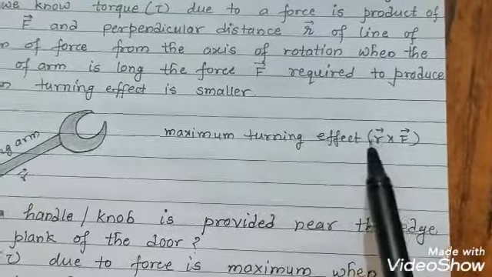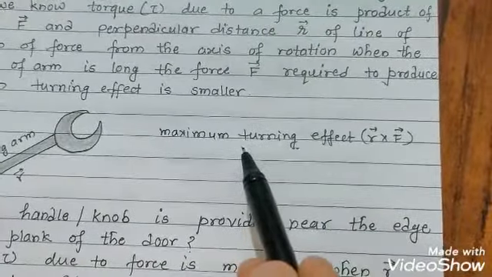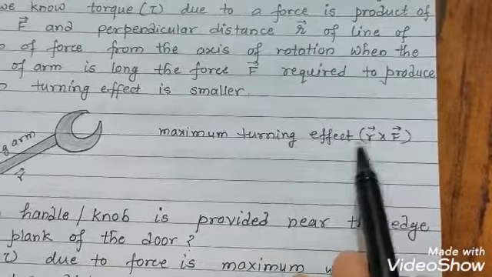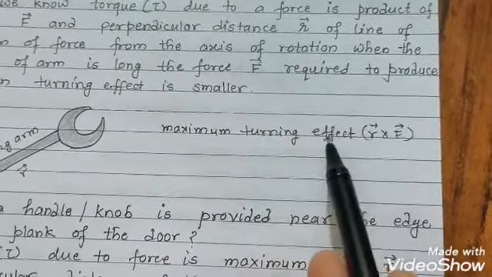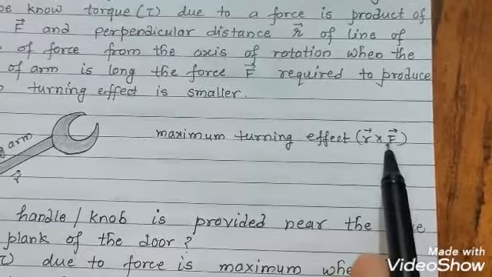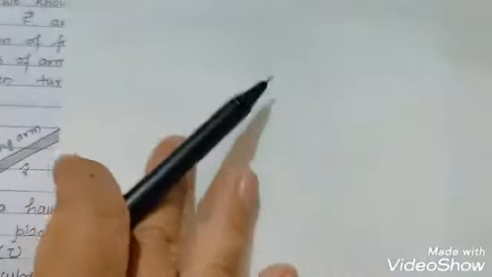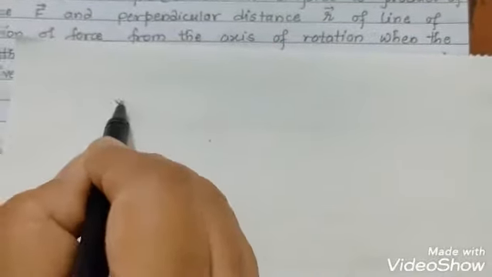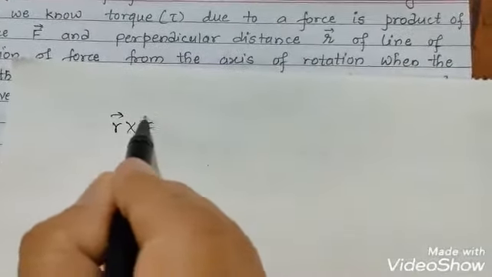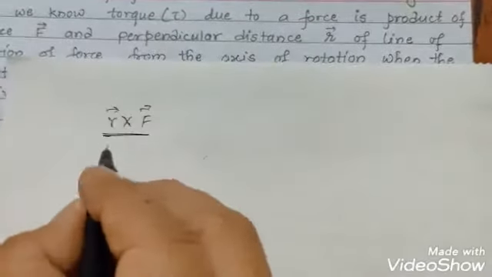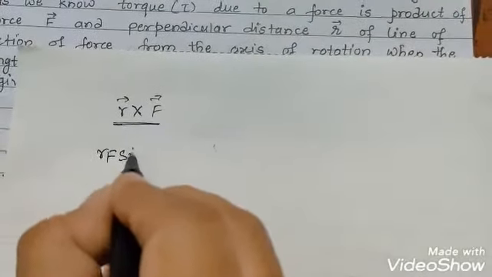Look at here, as I told you already, the turning effect is R cross F. If R is long, the maximum turning effect would be there, or we have to apply less force for the same turning effect. For example, talking about the magnitude of R cross F, it is RF sine theta.